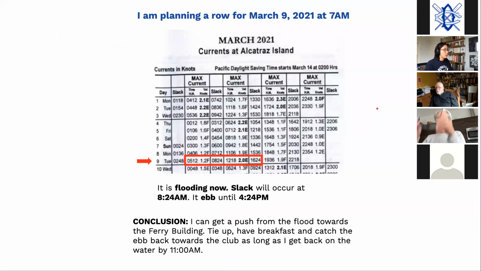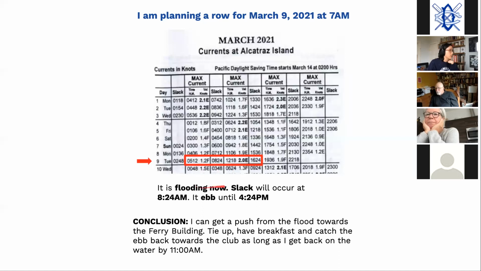And this is an interesting example. Let's say I wanted to plan a row for March 9th at 7 a.m. Well, I notice it's flooding, but it's going to flood until 8:30 a.m. and then start turning around.